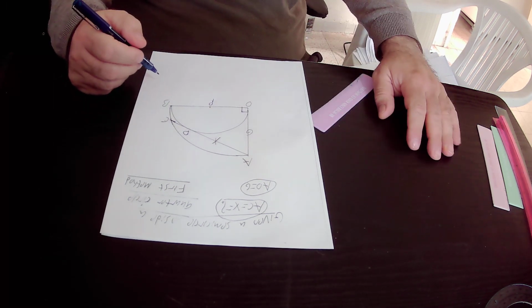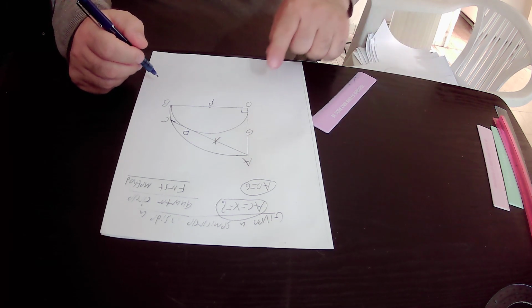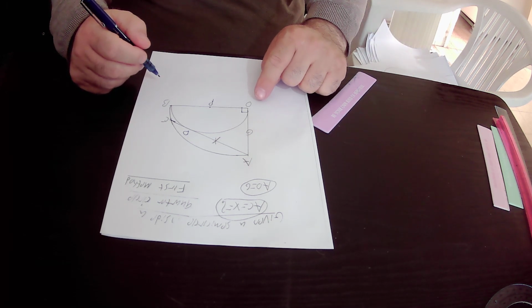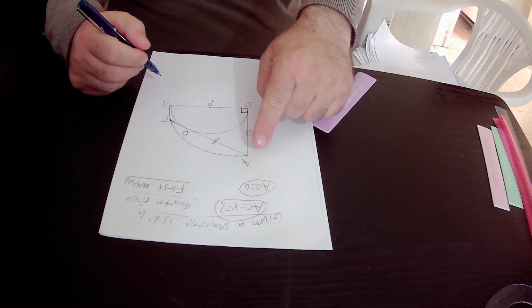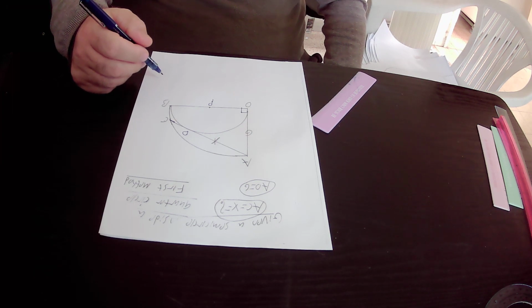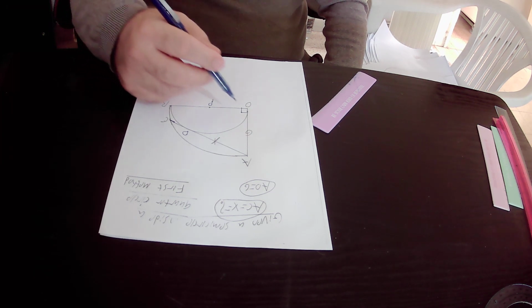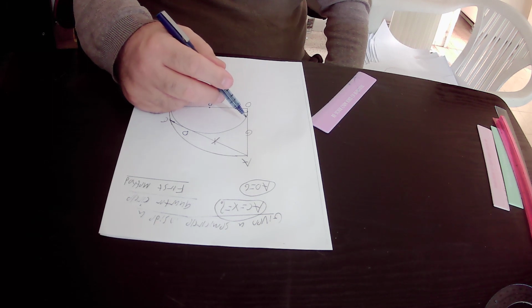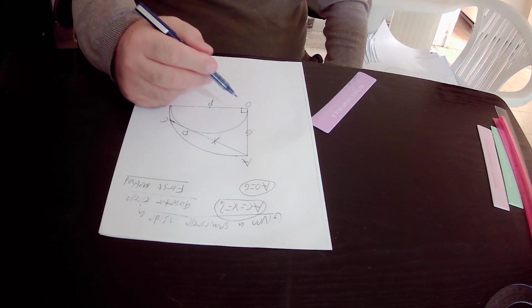So point O is the center of the quarter circle, and point A is a point on the quarter circle itself, and this is exactly the definition of a radius. That is to say, AO is the radius of the quarter circle that is equal to 6 units according to what is given in the question.